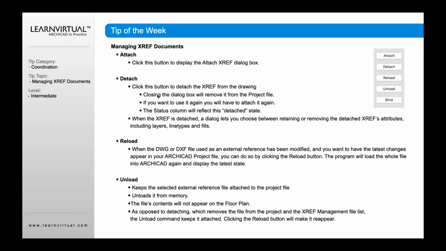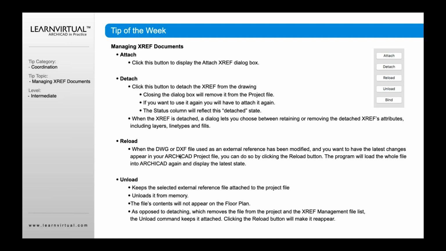Basically, it removes it from the project file. If you want to use it again, you'll have to attach it again, and the status column will reflect the attached state. So this basically removes the Xreference, including attributes, layers, line types, etc. But it will still maintain it within the view.